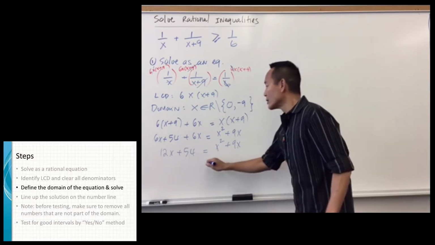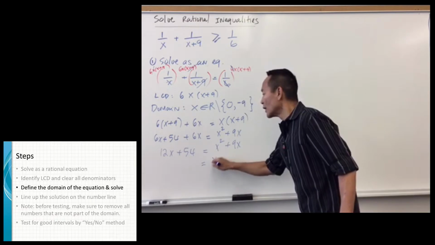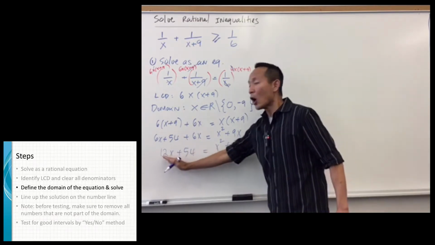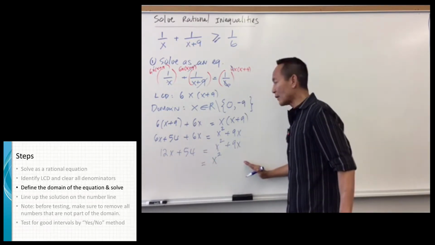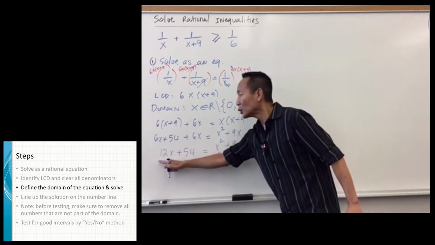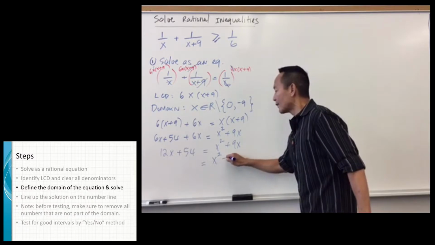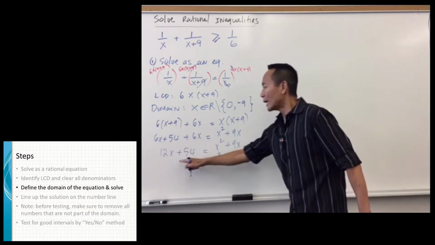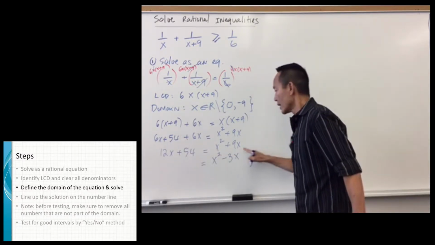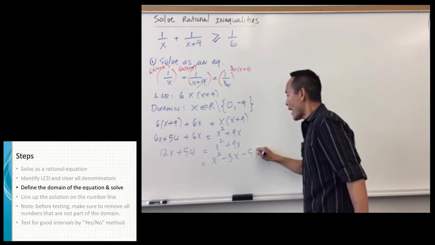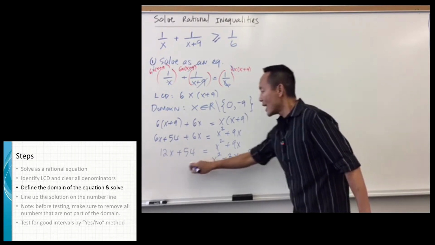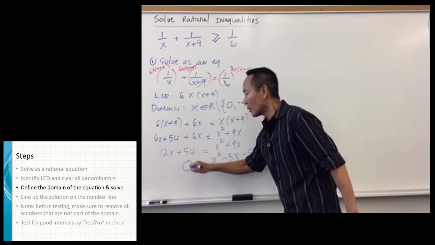Therefore, I would like to solve this by taking all the terms to the right side of the equation. So I subtract 12x: 9x minus 12x gives negative 3x. I subtract 54, so I have negative 54, and nothing left here, 0.